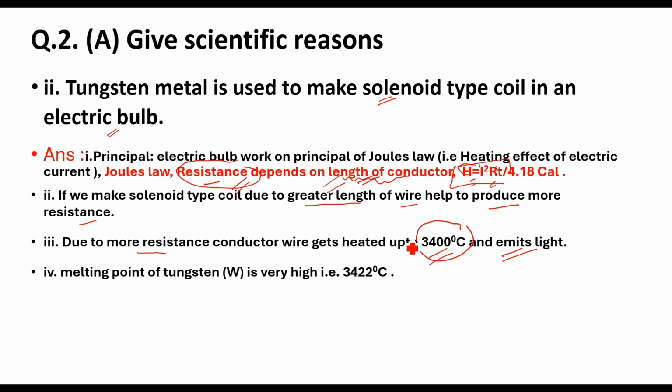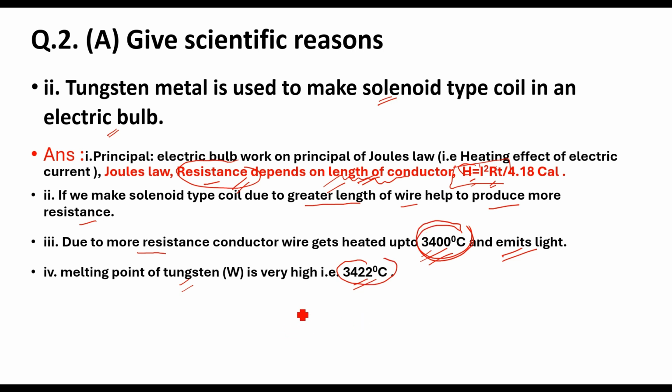Since it emits light, we require a metal which should have a high melting point. There are many metals, but tungsten is the only metal whose melting point is very high, 3422. So points 1 and 2 say that we require a metal which should manage to control a temperature of 3400 degrees Celsius and more.